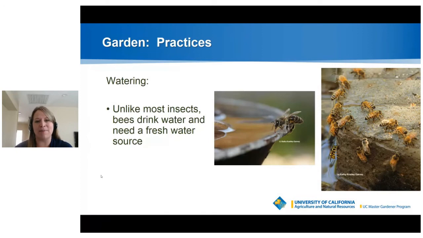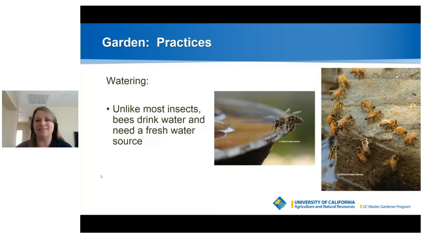Now, glazed ceramic is not a great surface for bees. They want a little bit of a rougher surface to be able to perch on so that they can drink. So what I've done in my bird bath, it just has a very little bit of water in it, and then it has some larger cobblestones that stick up out of that shallow water, and the bees can perch on those cobblestones and then drink from that bird bath.